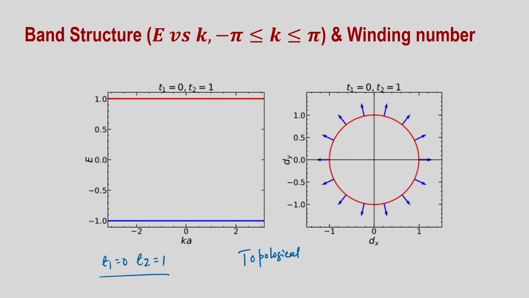And so this of course shows a topological phase transition as the system goes from one dimerization to the other. We call the dimerization a ratio like T2 by T1. So if T2 is greater than T1, or this ratio is greater than 1, then it is topological.